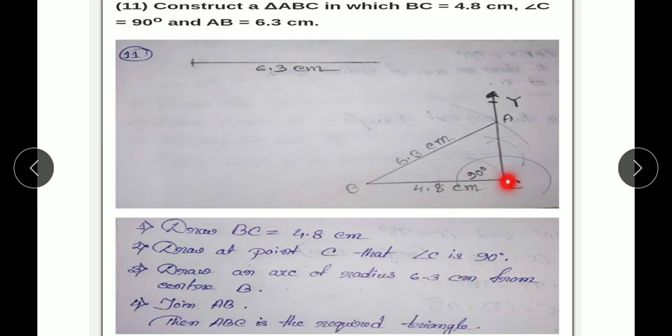You have to draw 90 degrees with the help of compass and ruler. Draw an arc of radius 6.3 centimeter from center B. Now from center B cut the line CY at A, and join AB. Then ABC is the required triangle. Now you will get the required triangle.